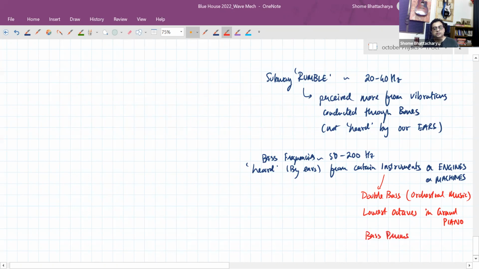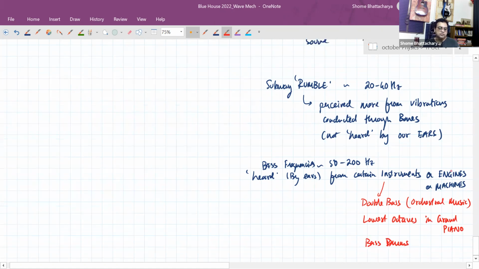They might have frequency components that are that. Sub bass also comes somewhere in this region.